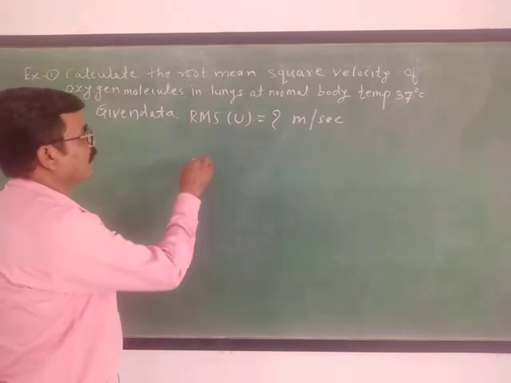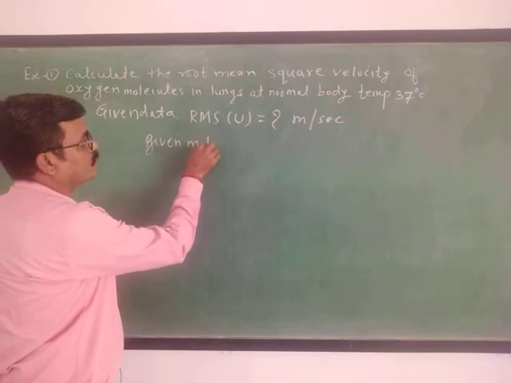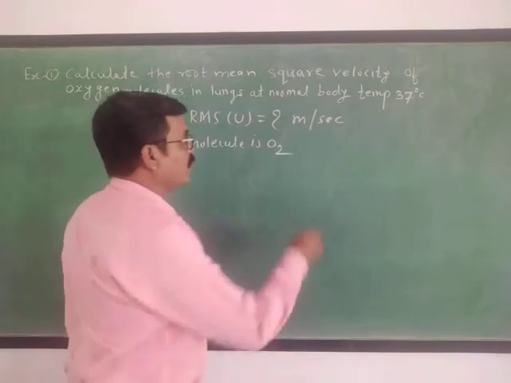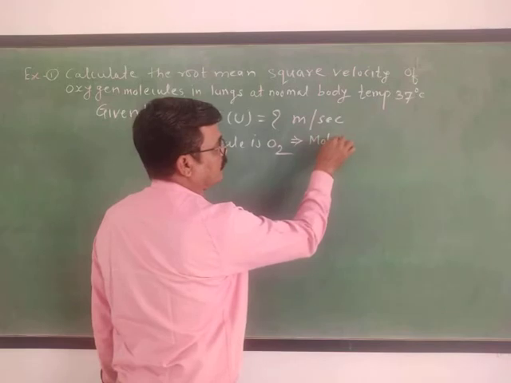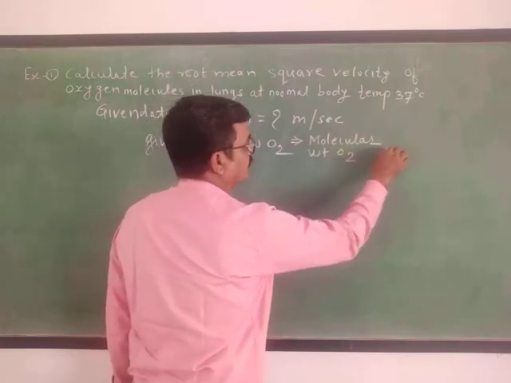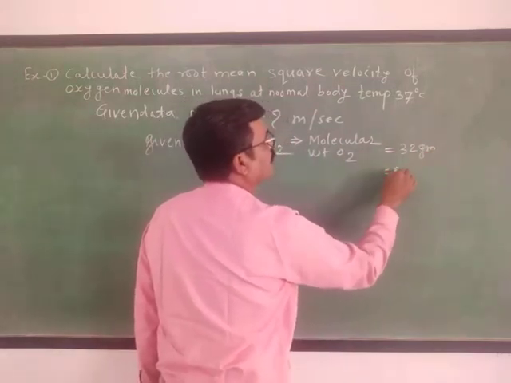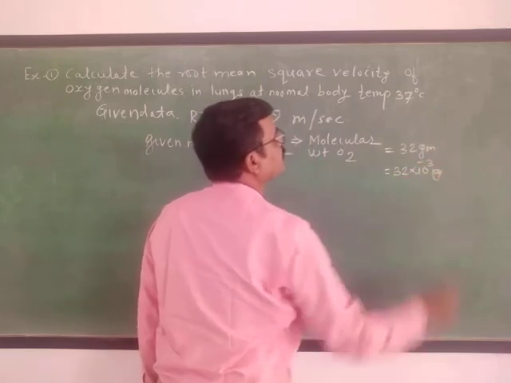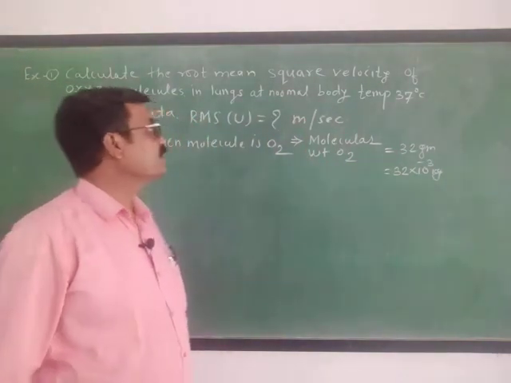The given molecule is oxygen, O2, so the molecular weight of O2 will be 32 grams, that is 32 into 10 raised to power minus 3 kg. This is CGS, and that one is the MKS system.